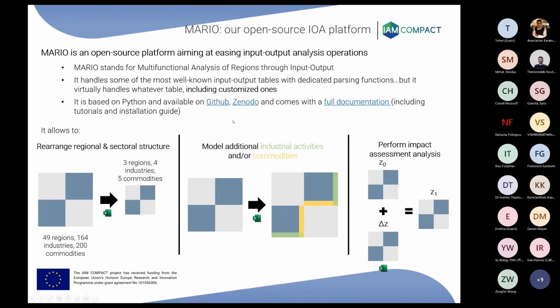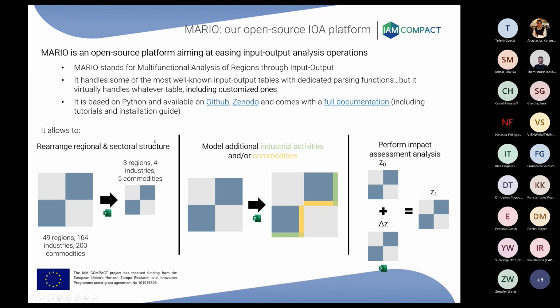One thing to say is that we have developed the Mario Python package, which stands for multifunctional analysis of regions through input output, and is essentially a database handler. We recognize that handling an input-output dataset implies handling huge input-output tables that may collect a lot of numbers, which need to be handled in order to deliver detailed models that can be used for scenario analysis.